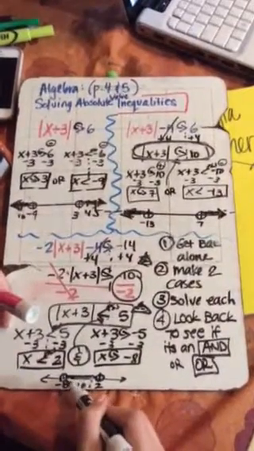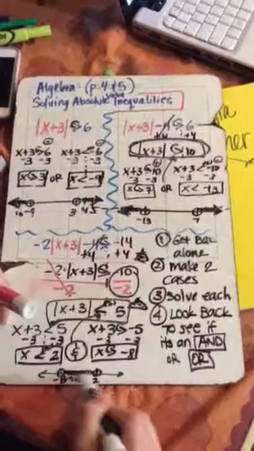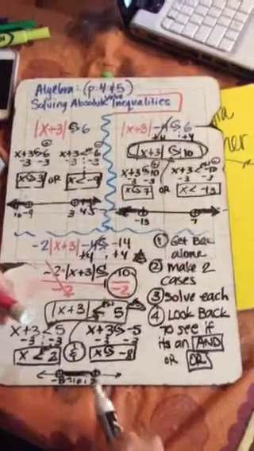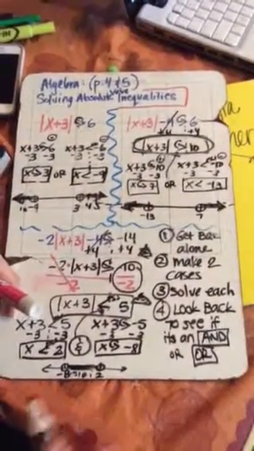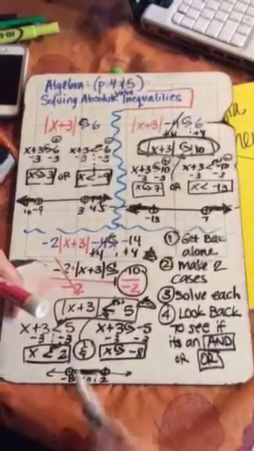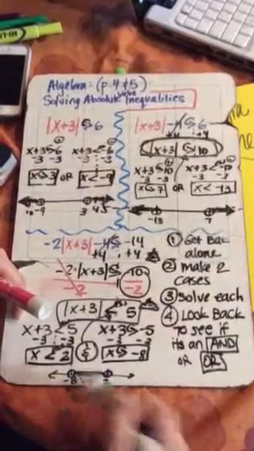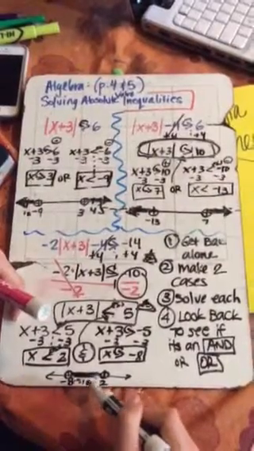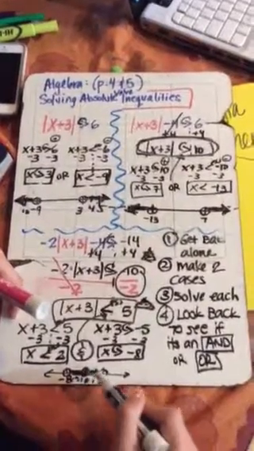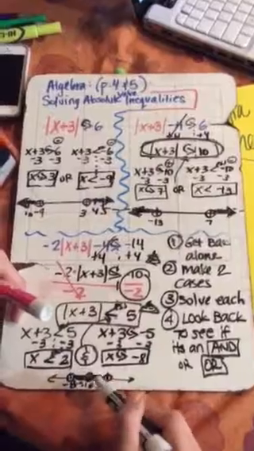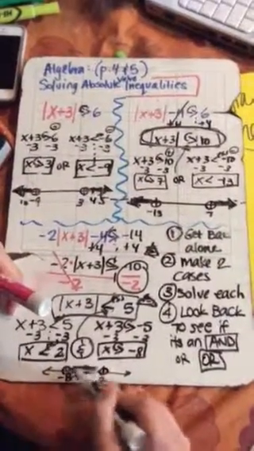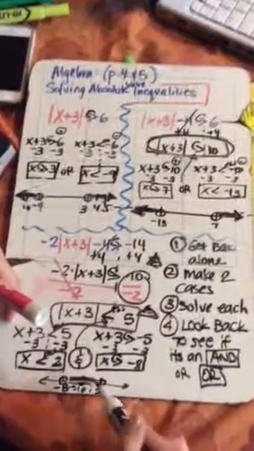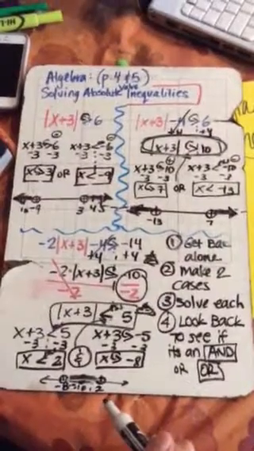So all the numbers in between here. If I want cheeseburger and fries, I want a cheeseburger and fries. I can't be one without the other. So it has to be less than 2 and greater than -8. So like 0, for example, is a solution because it's less than 2 and it's greater than -8. All these numbers right here are your solutions. So this is an example of an AND graph.